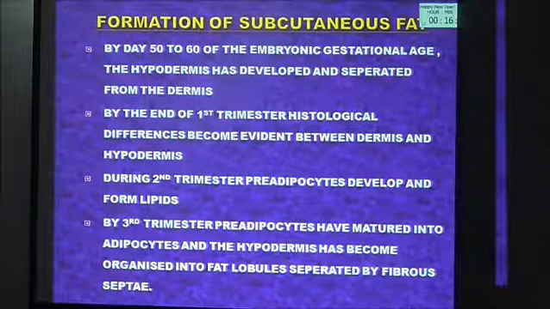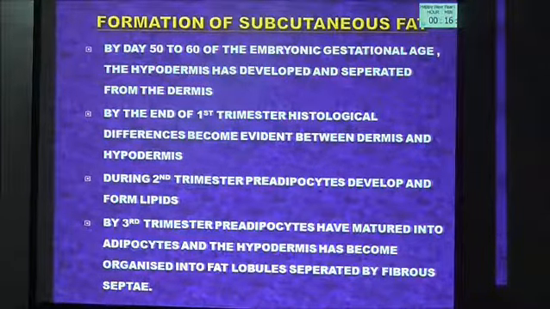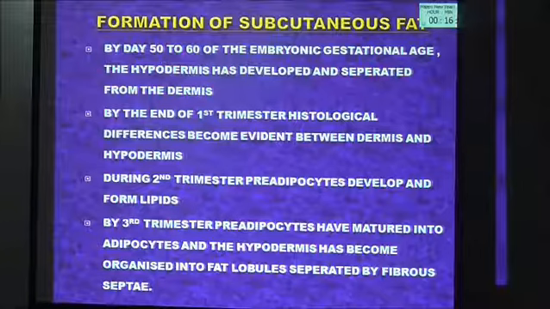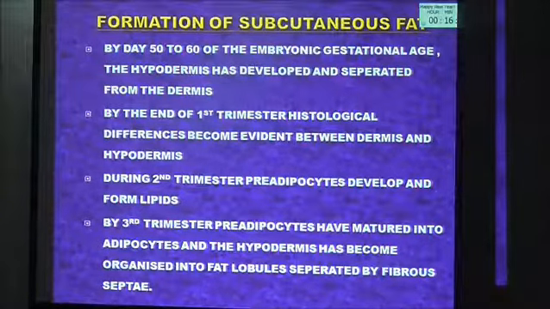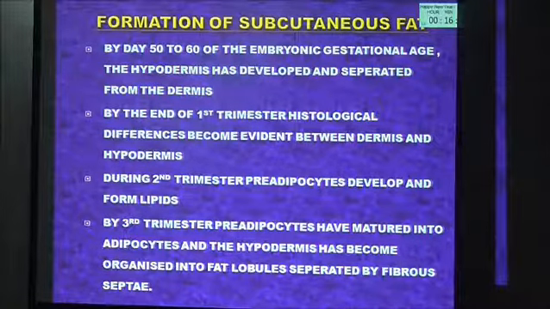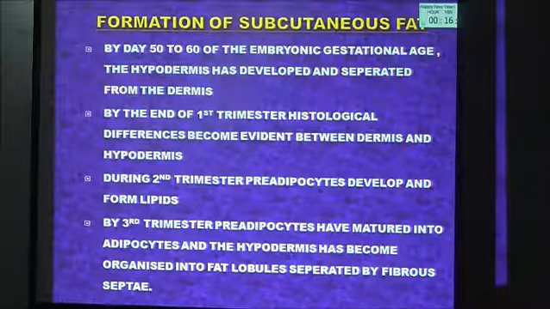The hypodermis is what, in our aesthetic or body shaping language, we name the subcutaneous fat. By the end of the first trimester, histological differences become evident between the dermis and the hypodermis. By the second trimester, pre-adipocytes have developed to form lipids, and by the third trimester, pre-adipocytes have matured into adipocytes, and the hypodermis has become organized into flat lobules separated by fibrous septa.